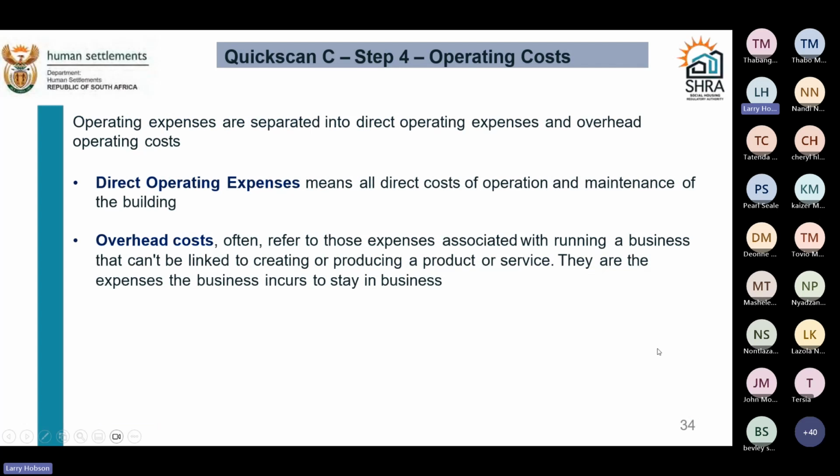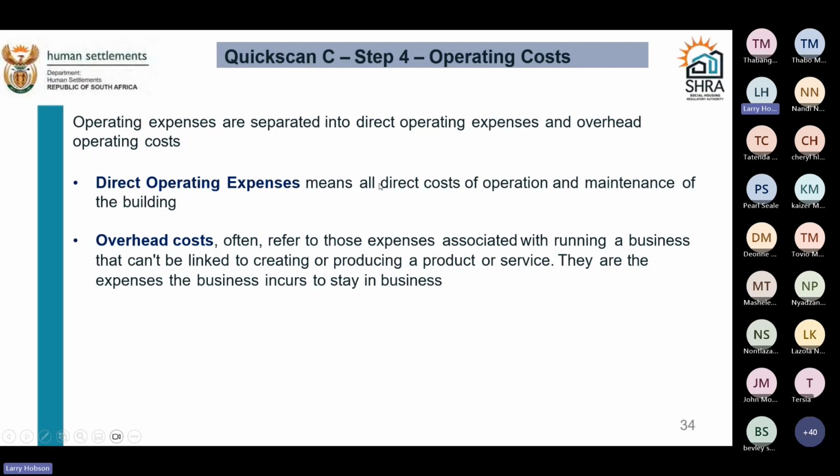Right, so we're done with the revenue side. We're now dealing with the operating costs, and we're dealing first with direct operating expenses. These are all the expenses that are in and around the project.